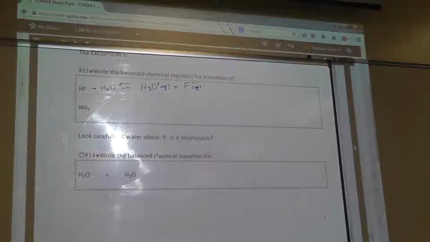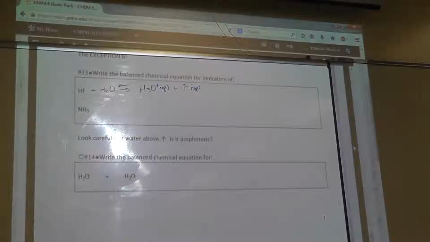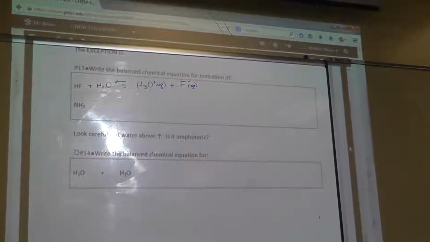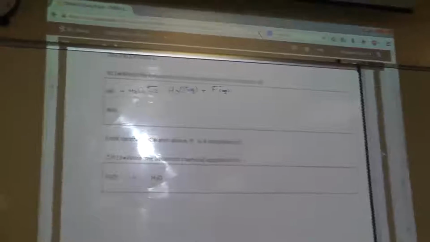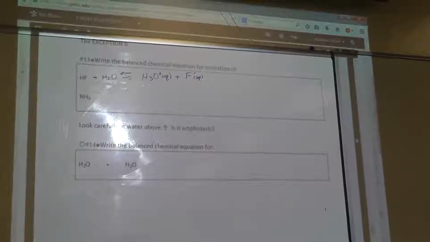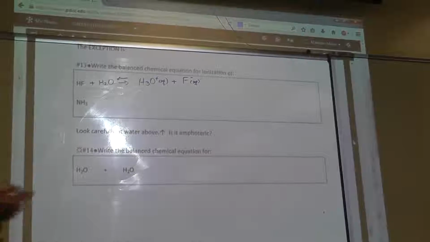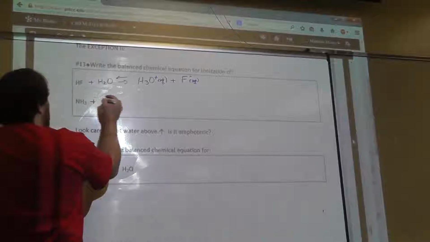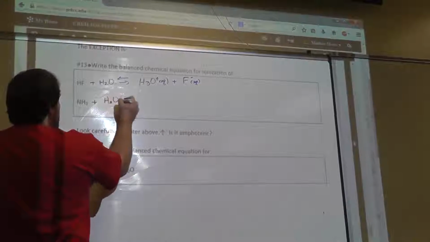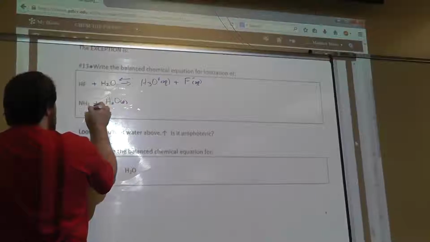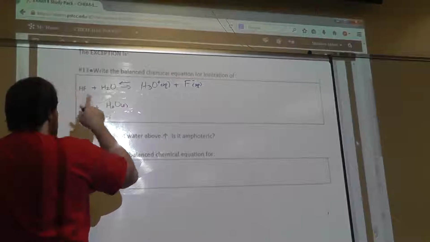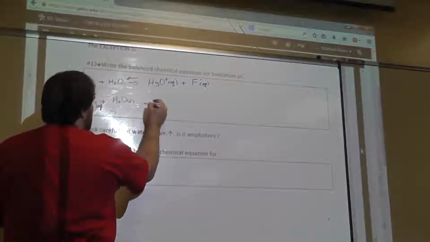Now this is the first base we've had here, and this is the first weak base we've had come up. So ammonia will actually strip a hydrogen from water. Watch this. Water is a weak base. I'm sorry. Water is a weak acid here, but your ammonia is a weak base.